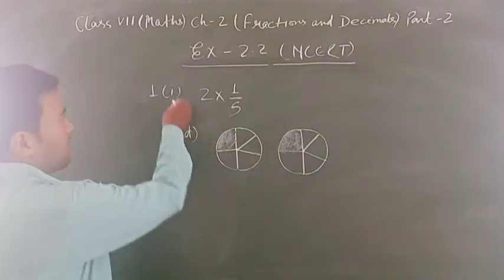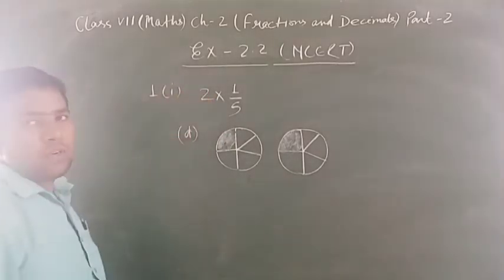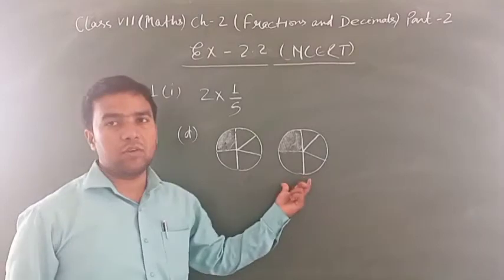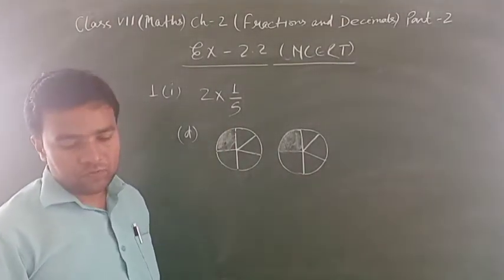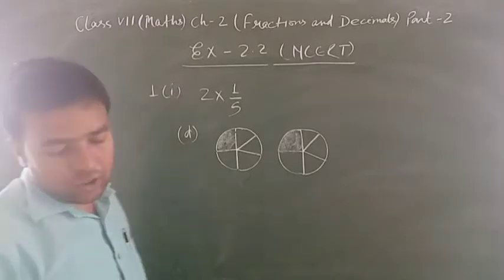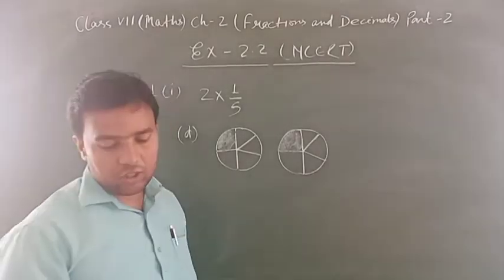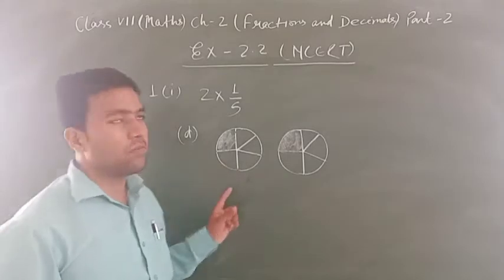Clear? It means the first part, 2 into 1 by 5, means this figure. The rest of the parts you can do like this. The second question is also the same. Clear?